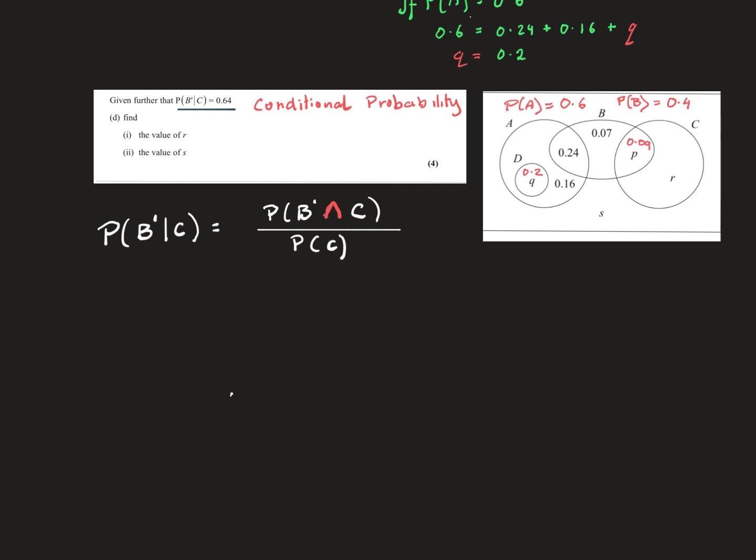Finding the intersection of B and C would have been really simple because that would have been just P. But finding the intersection of B complement and C, it is worthwhile knowing what that will look like without shading it in.